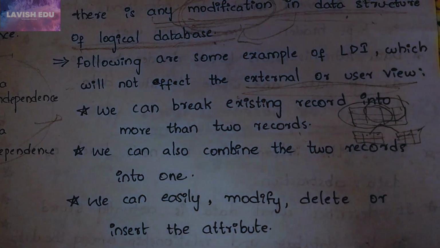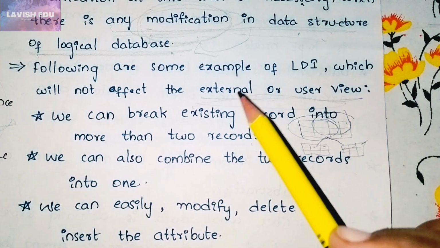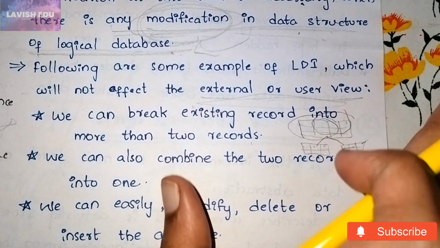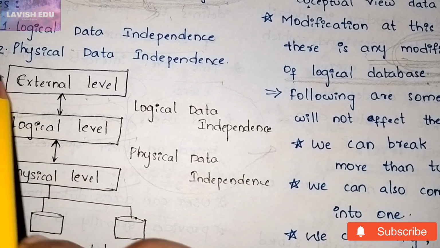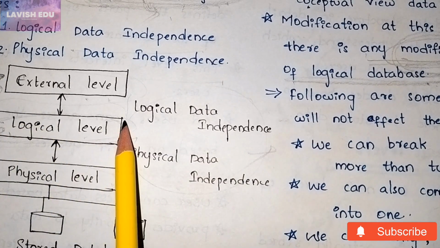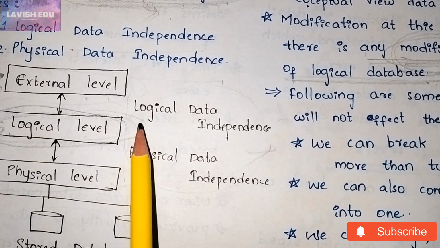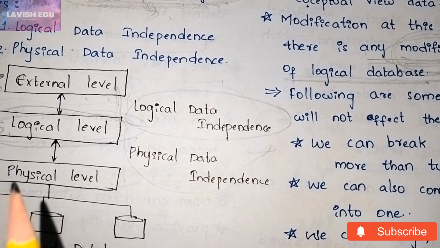Mostly in logical data independence, we observe that the logical level won't affect the external level. If we change any data in the logical level, it won't affect the external level. Therefore we observe this logical independence between these two levels.